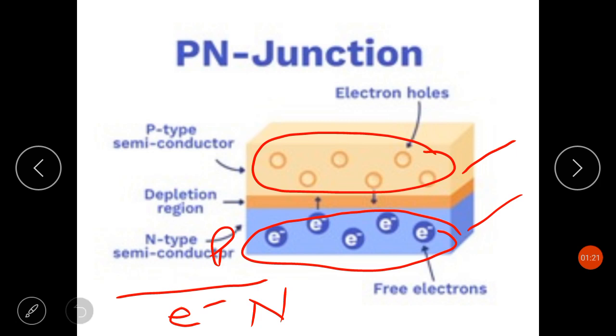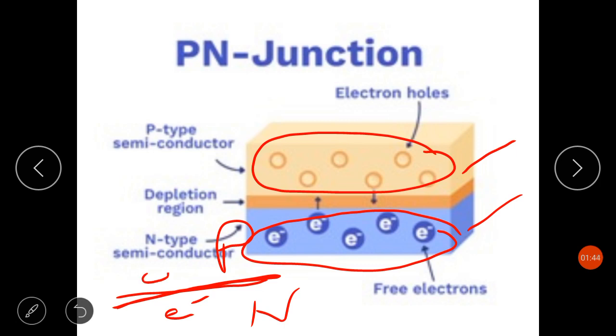Since n-type has excess free electrons and p-type has holes, near the interface the electrons will cross the interface, come in contact with the atoms in the p side, and fill the holes there.